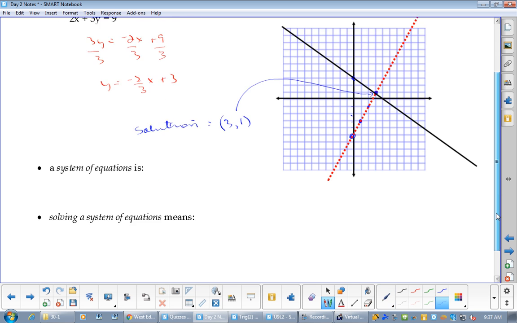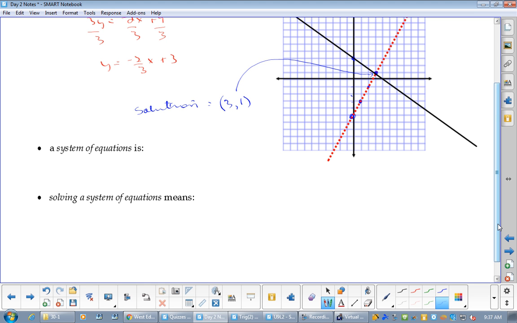So again, what is a system of equations? Like what's a system of gears or system of pulleys? Yes? Okay.